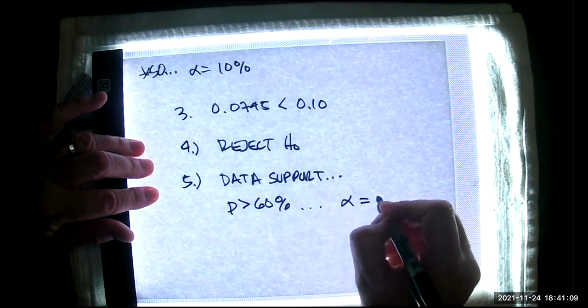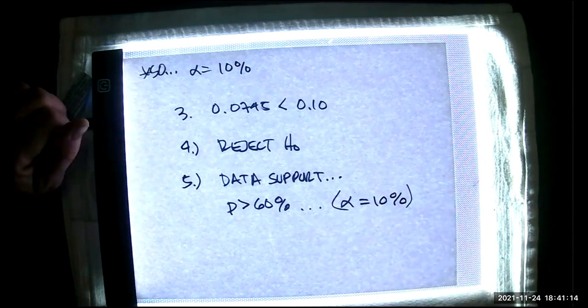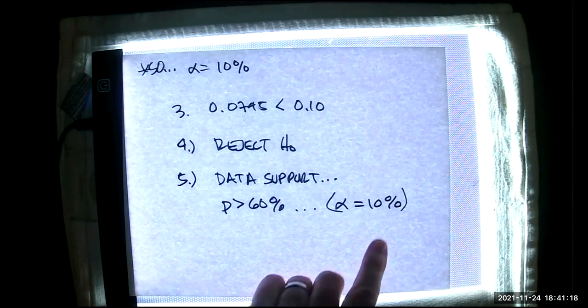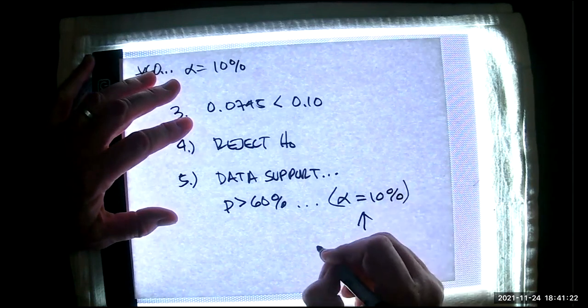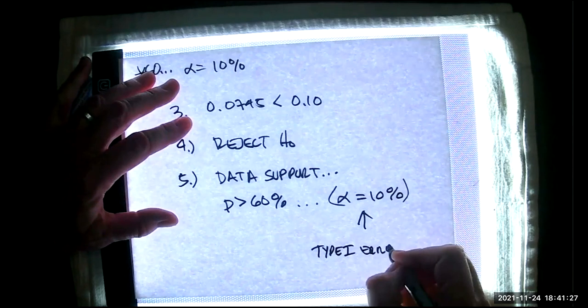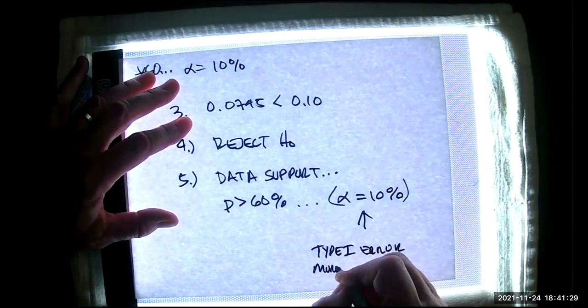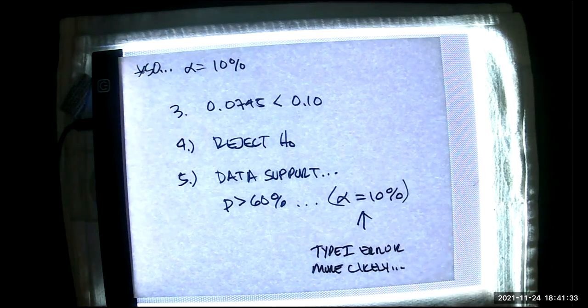That's when we switched from a 5% to a 10% level of significance. We're more likely to make a type 1 error here, but it's easier to reject the null hypothesis. That's kind of like the price you pay.